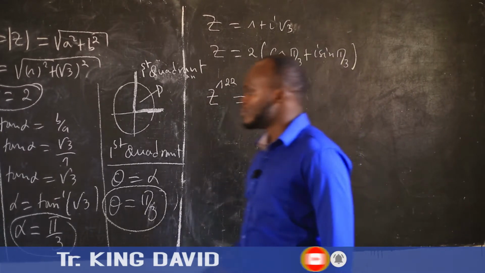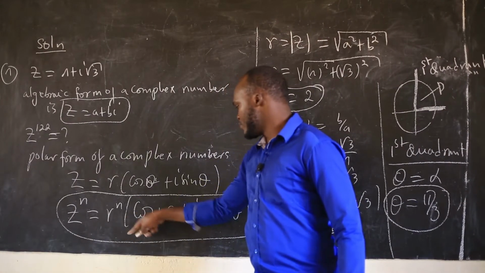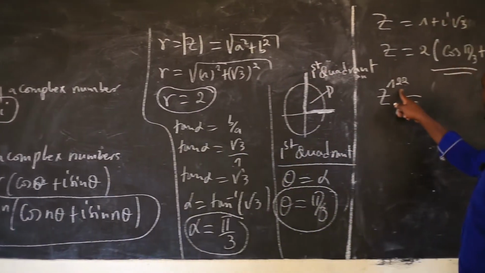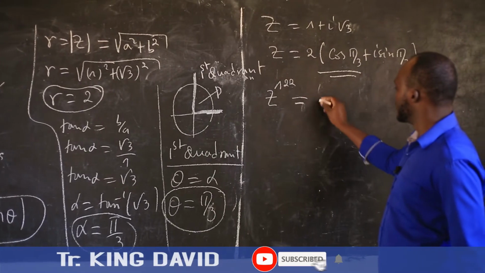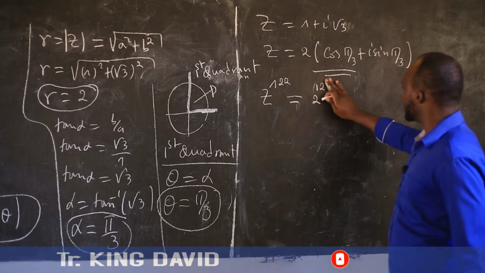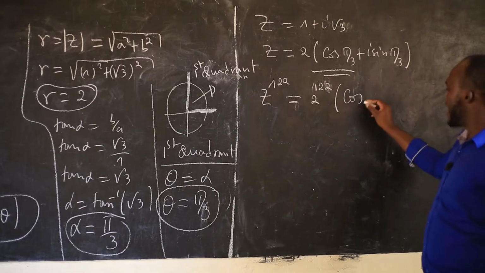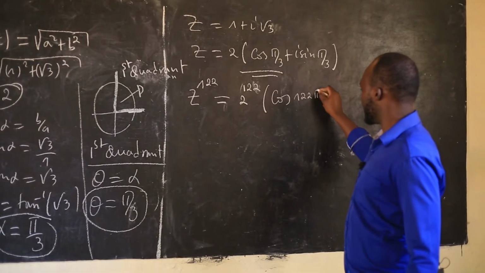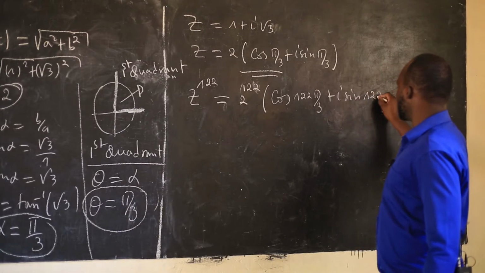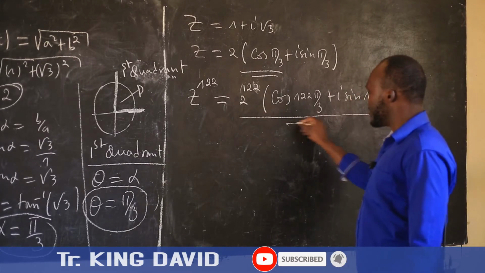From the formula z power n equal to r power n into bracket cos n angle plus i sine n angle, z power 122 will be equal to 2 power 122 into bracket cos 122 pi over 3 plus i sine 122 pi over 3.